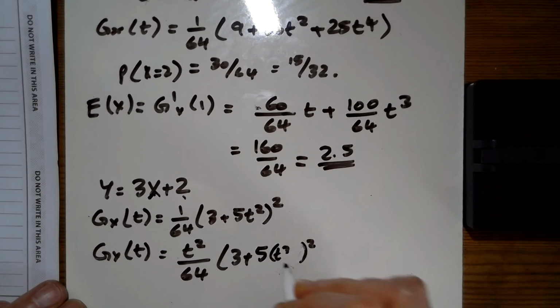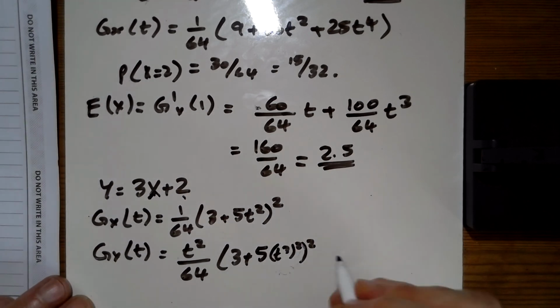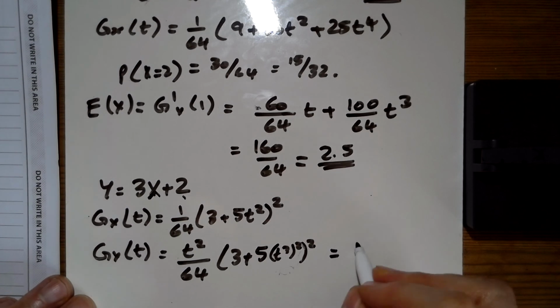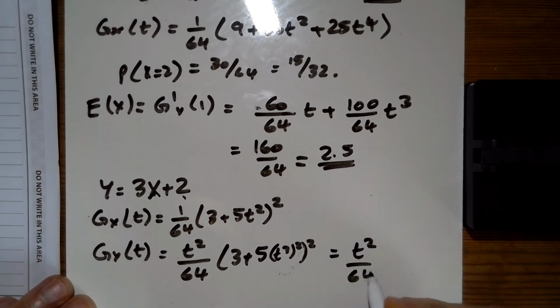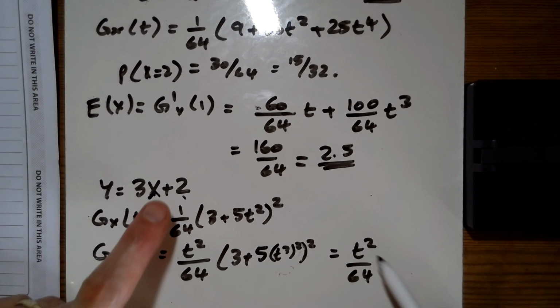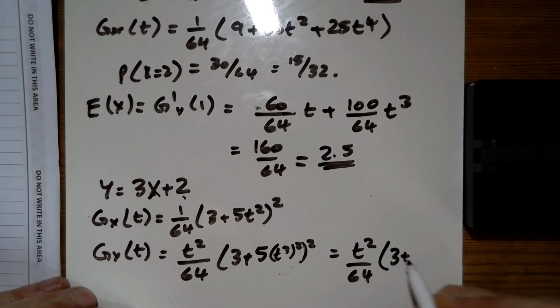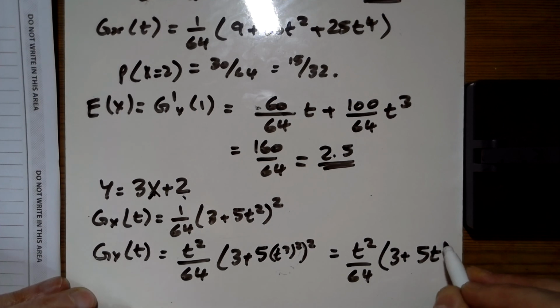Yeah, t cubed squared there. So I think I've got t squared over 64, just thinking that through, that makes everything go up by 2, and then 3 plus 5t to the 6 in here squared.